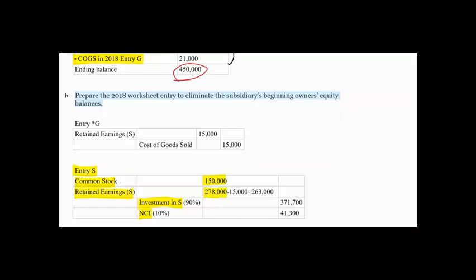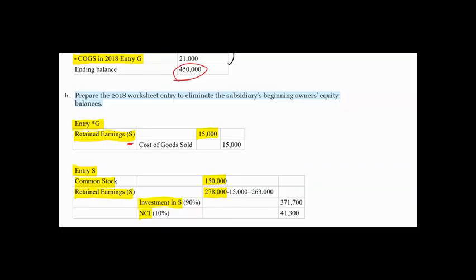278,000, but also because there's an entry *G that we need to prepare before this entry. Entry *G is to recognize the deferred gross profit from last year. In this entry we debit retained earnings of 15,000, and this retained earnings is actually the subsidiary's, or seller's, retained earnings, because this is an upstream transfer, so it is the retained earnings of Bray.